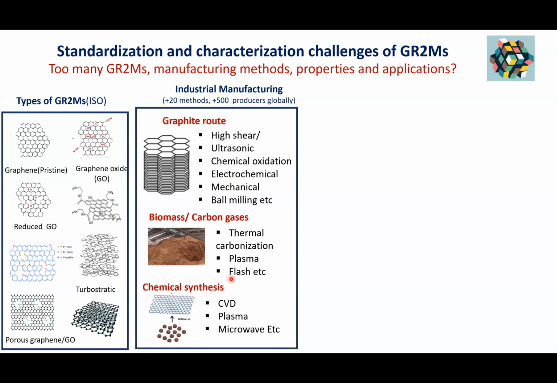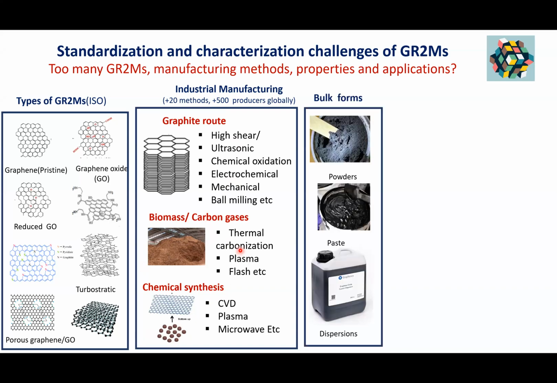And again, the properties of these graphene materials are not the same. Industry-produced graphene on the market now comes in bulk forms as powder, paste, and dispersion, usually at kilogram scale. And most of them have limited information about their quality and properties.